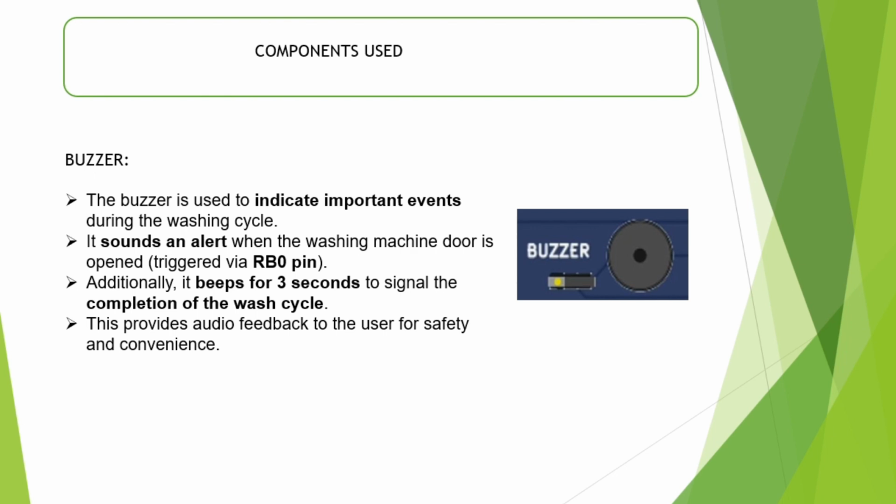This is a safety feature triggered by the RB0 pin, and it immediately lets the user know the door has been opened while the machine is operating. And additionally, the buzzer will beep for 3 seconds to signal the completion of the washing cycle. And this is a convenient way for the machine to tell you that your laundry is done and ready to be taken out.